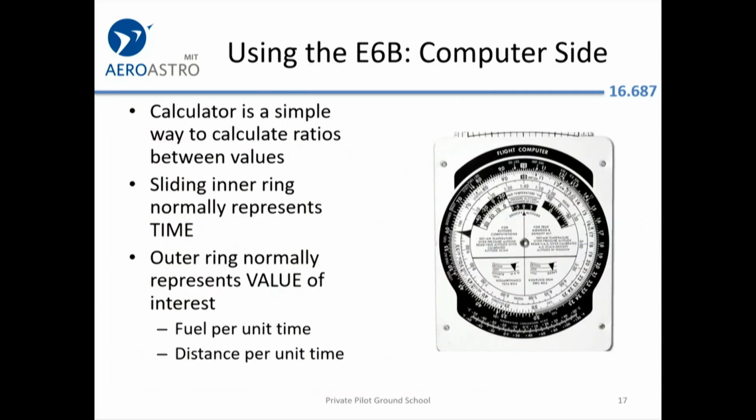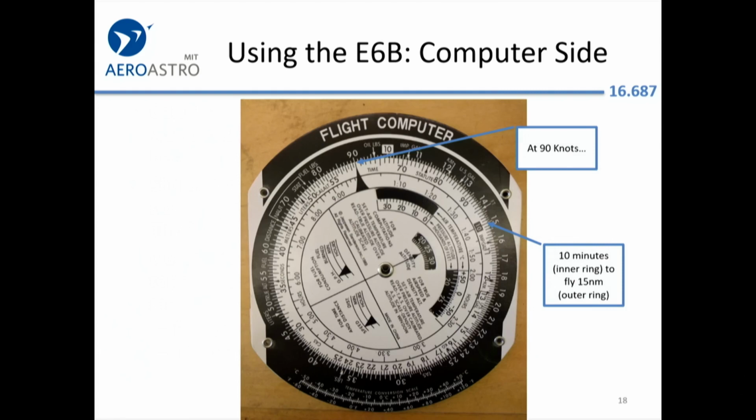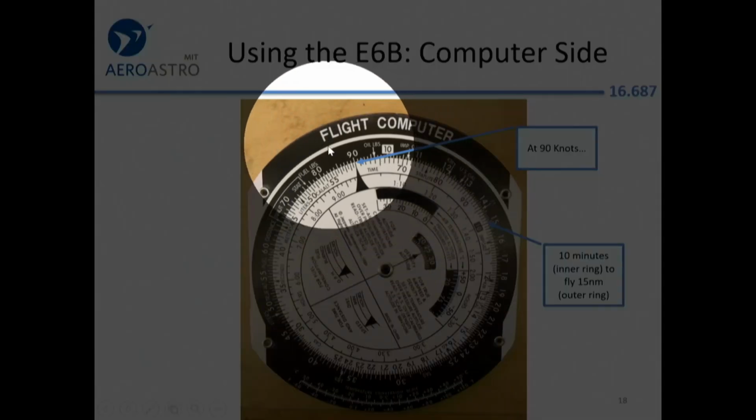There are paper E6Bs and metal ones. So this is a picture of a paper one. Again, you can kind of see that you can just set up, for example, that we're going to go 90 knots. And then that's here.